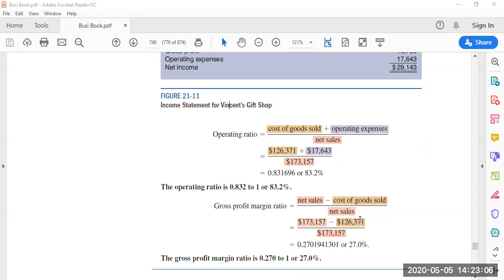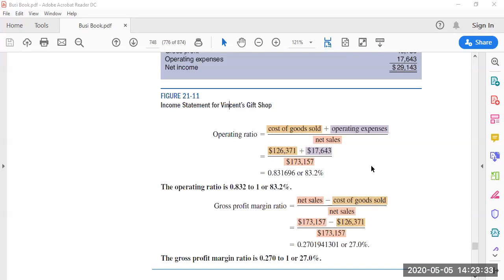So really, if you think about it, we want to know the difference between net sales and cost of goods sold and the other expense. That's telling us our margin. We're looking basically at your expense of running the business. How well are your net sales covering that? That's showing our gross profit margin ratio.